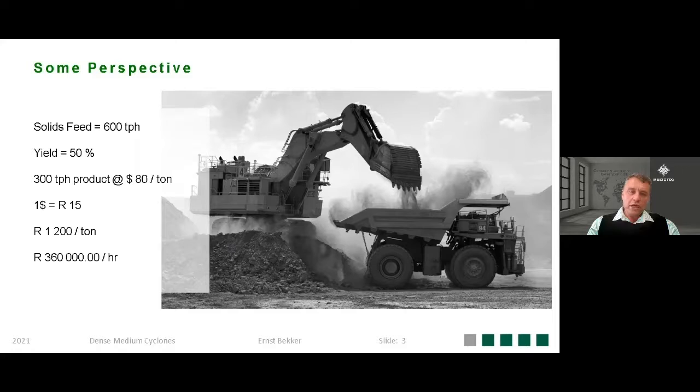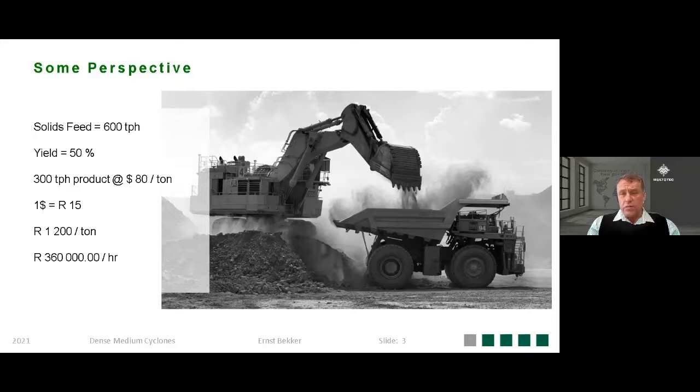If you look at the capacity of that dense media cyclone, it's a large diameter unit, it can process 600 tons an hour. If you look at the yield, and that's for coal, of 50%, you recover 300 tons per hour of product.